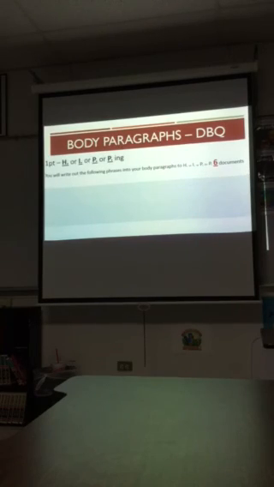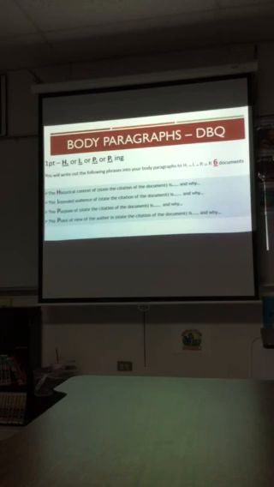And then you're going to write out the following phrases into your body paragraphs to HIP the 6 documents. So basically, here we go. The historical context of document A is, and why. The intended audience of document A is, and why. The purpose of document C is, and then tell me why.